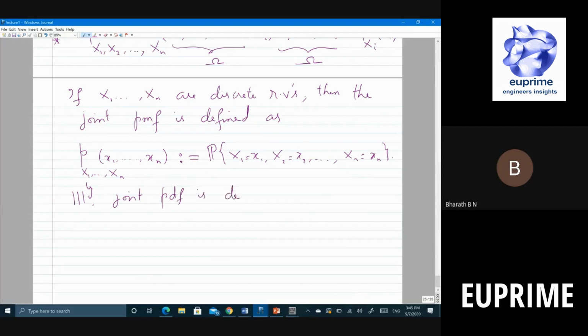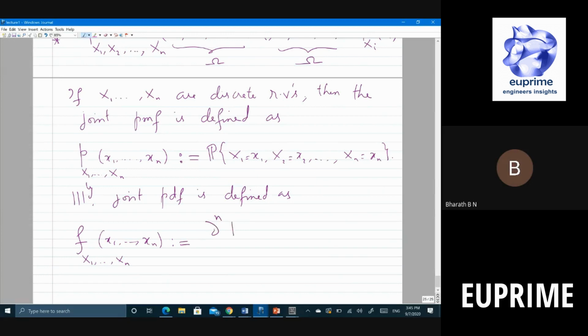Okay. So similarly, I can define the joint PDF, which is defined as f of x1 through xn, where I take the derivative of the joint CDF, right?